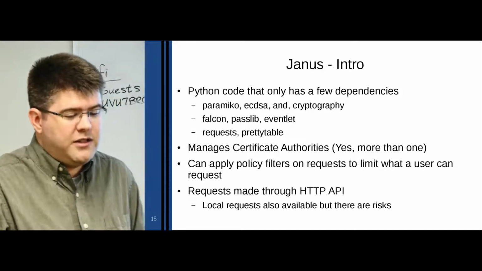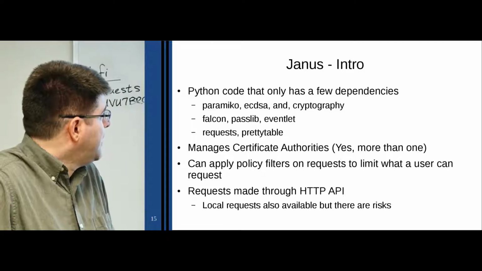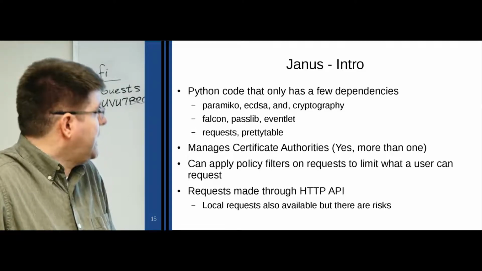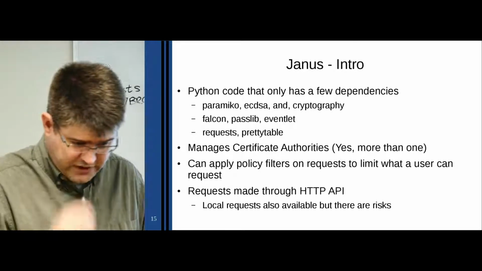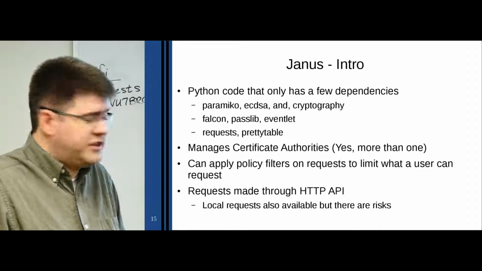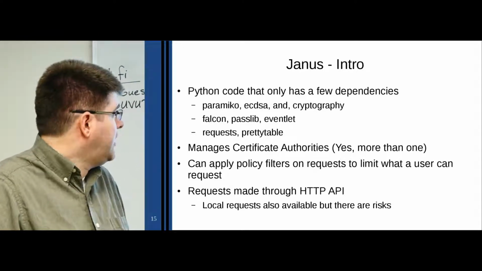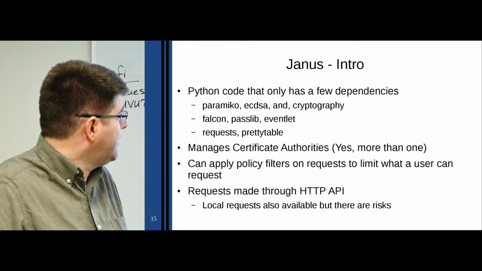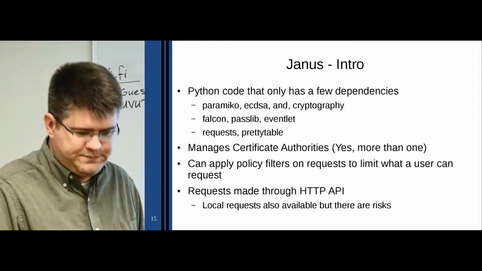It is written in Python with only a few dependencies, mainly Paramiko, ECDSA, and the cryptography modules. If you want to use it in the server mode with the REST API, you need Falcon, Passlib, and Eventlet. And then for the client side, requests and pretty table.